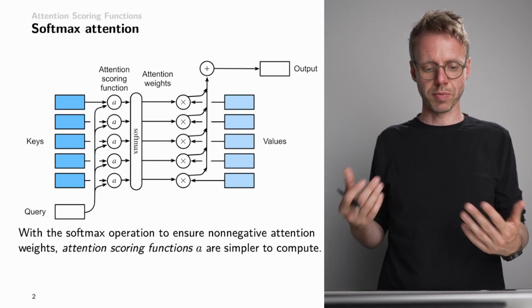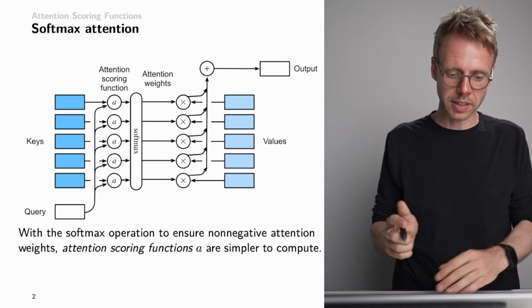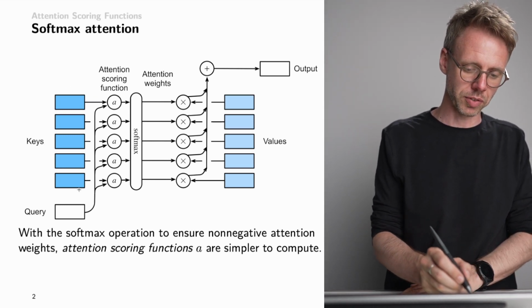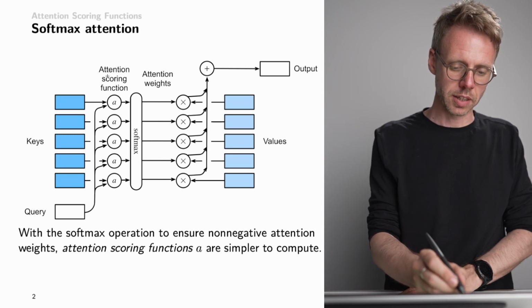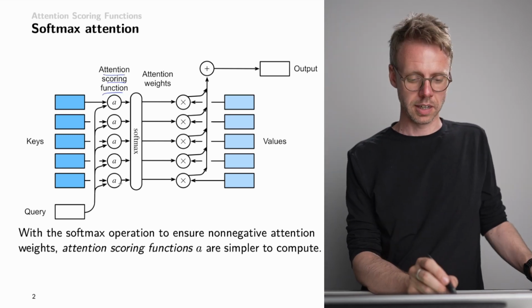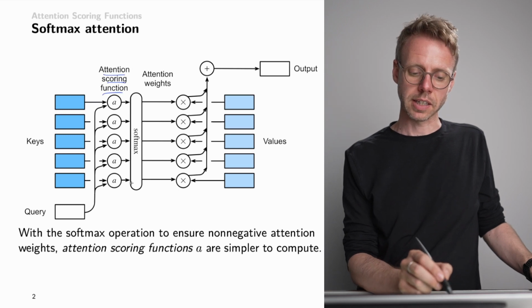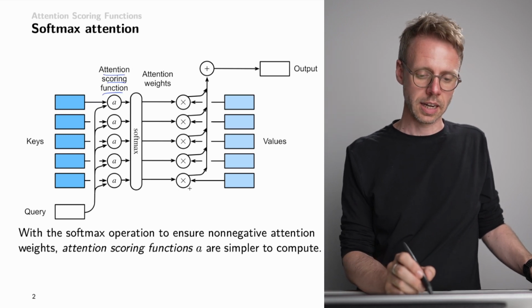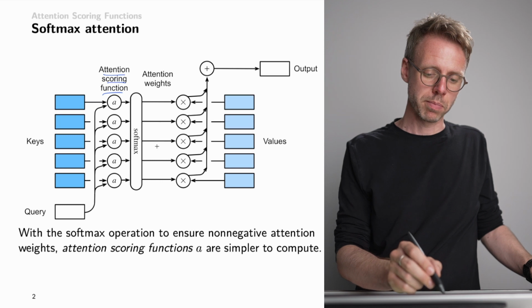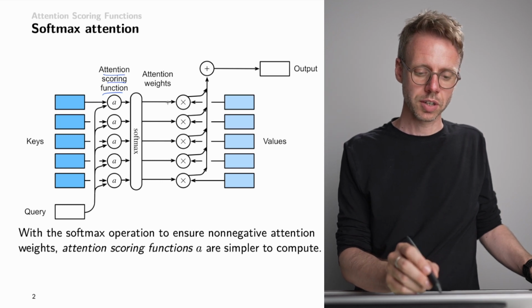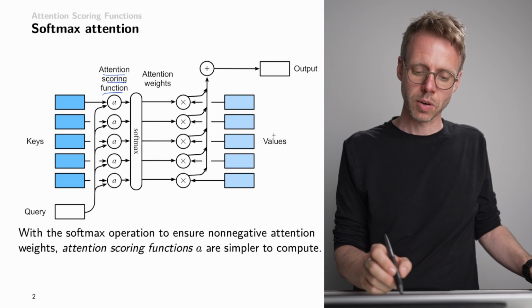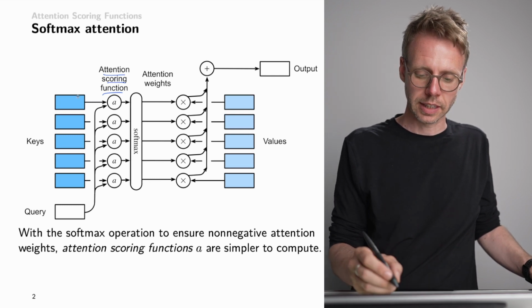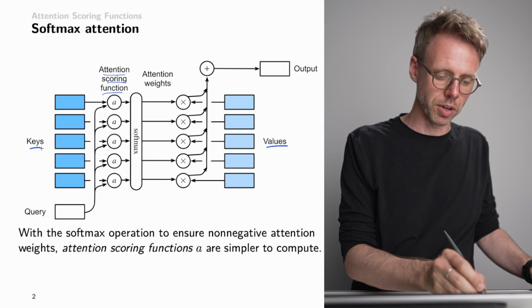Now, what does Softmax attention do? Well, it takes our database of keys, combines it with the query to compute this attention scoring function little a, then applies a softmax to it, and then builds a weighted average of the output of this softmax, of all of these a's, with the values that correspond to the keys.